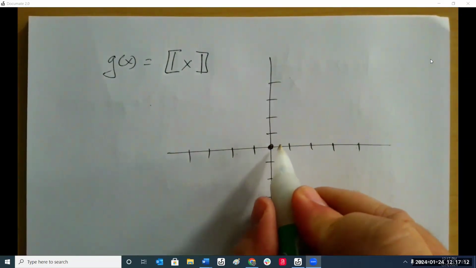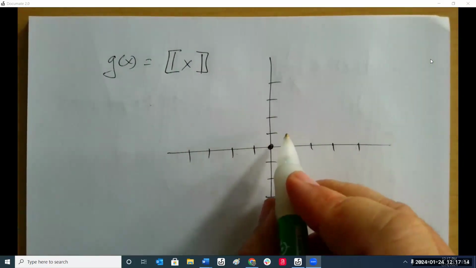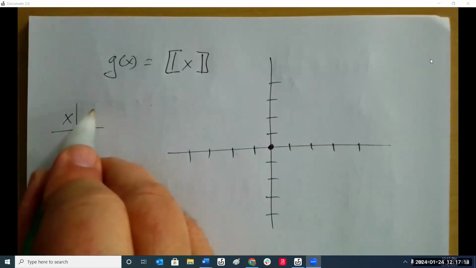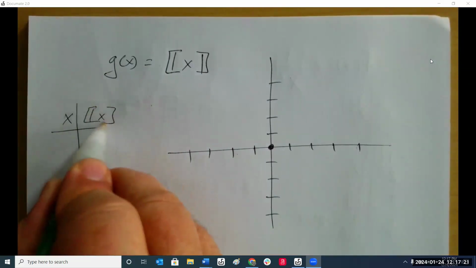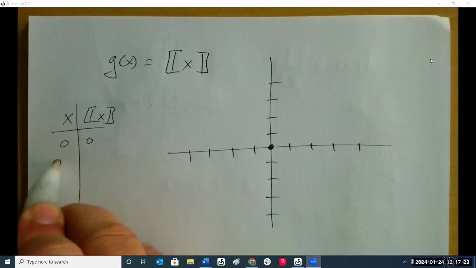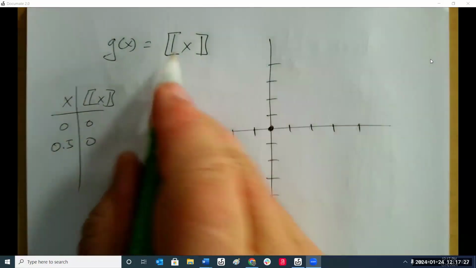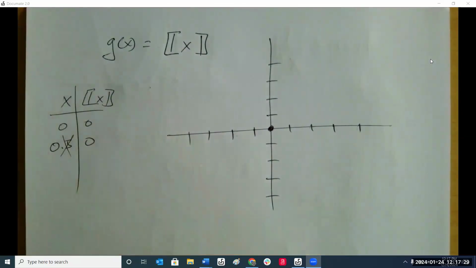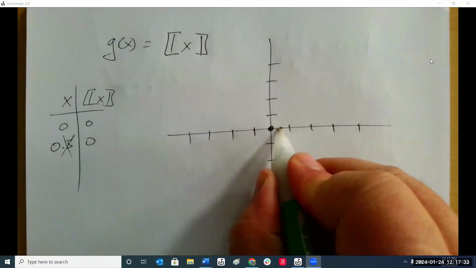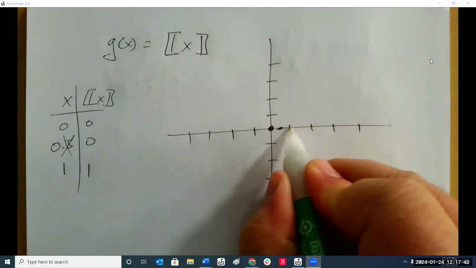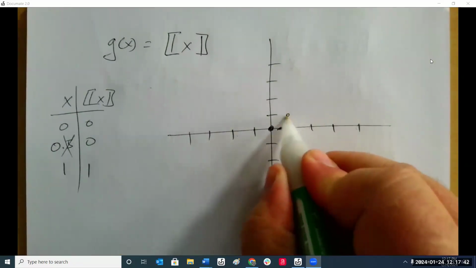When X is 0.5, it's 0. Remember, this is the greatest integer. Drop the decimals. So it's also 0. When it gets to 1, what's the answer? 1. So here it's an open circle and it jumps up to 1.